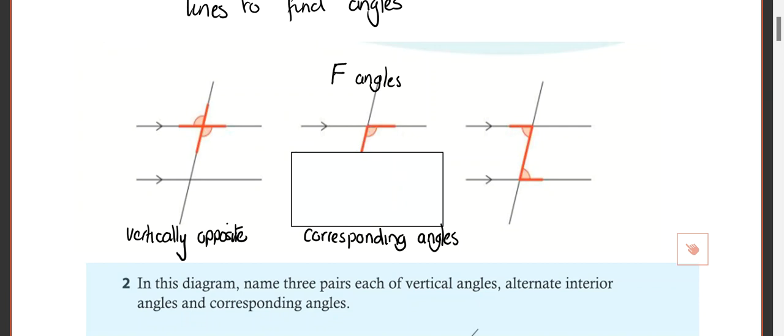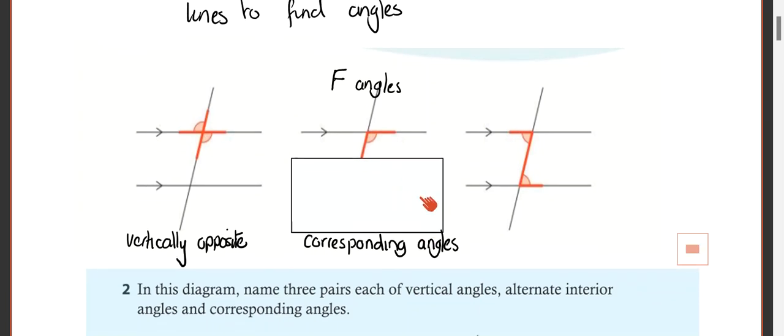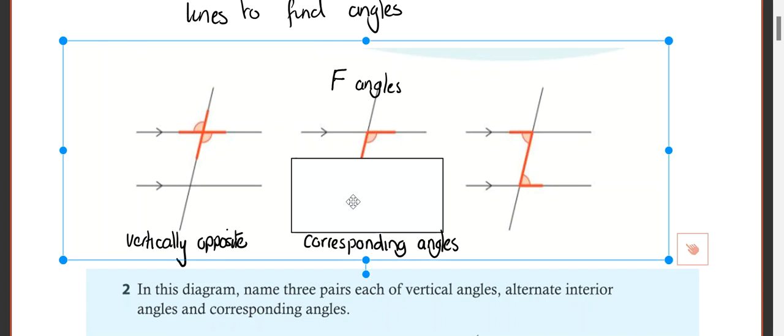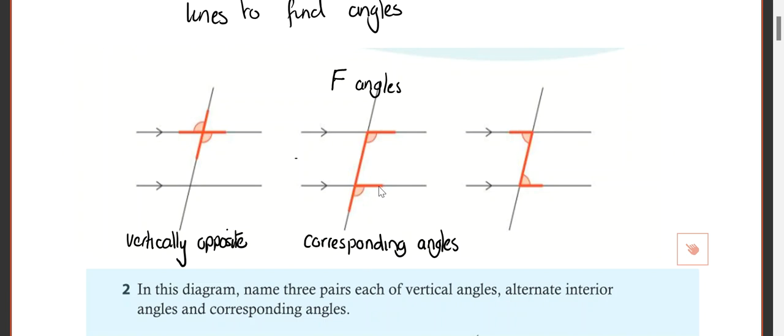If I now move that out of the way, this angle here is basically just the same thing as that. So it's like you took this diagram and just did it again. And this angle and this angle are basically the same angle in different versions of the same diagram.